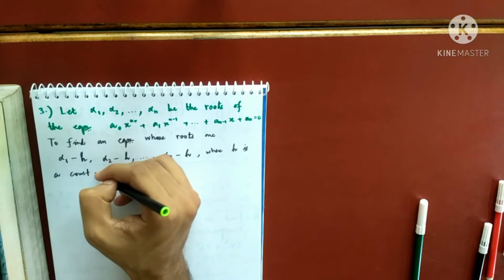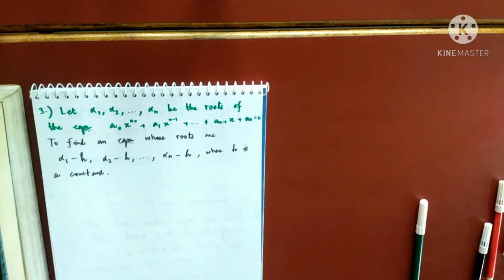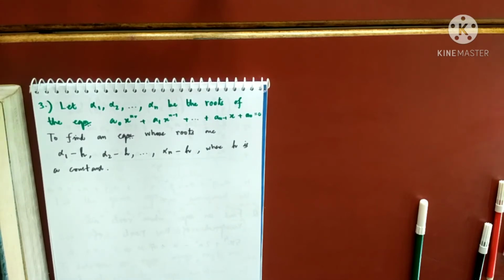That means suppose the roots of the given equation are alpha 1, alpha 2, dot dot dot alpha n.